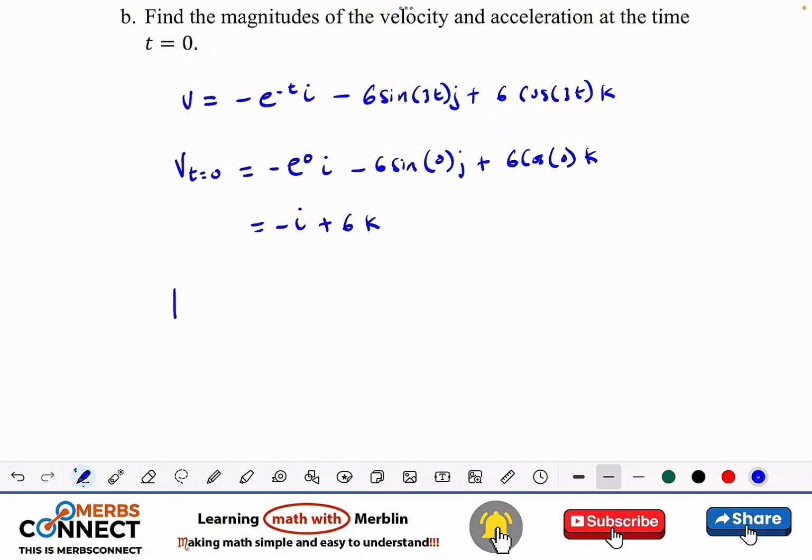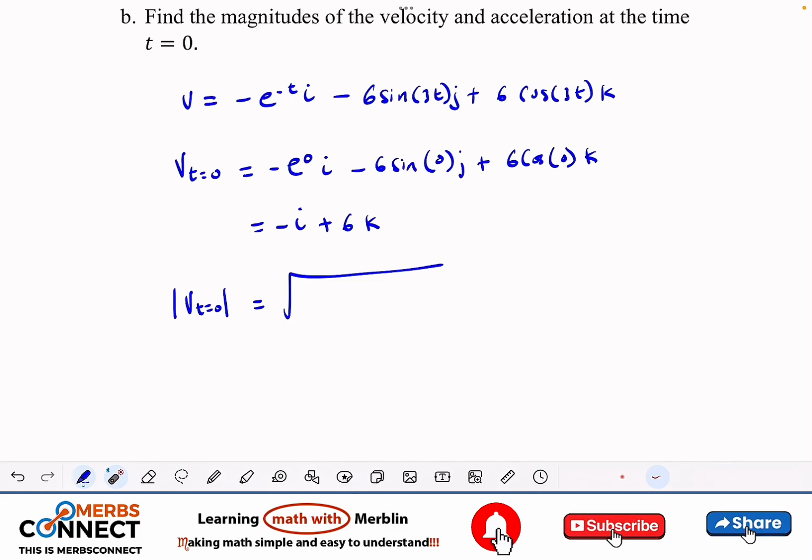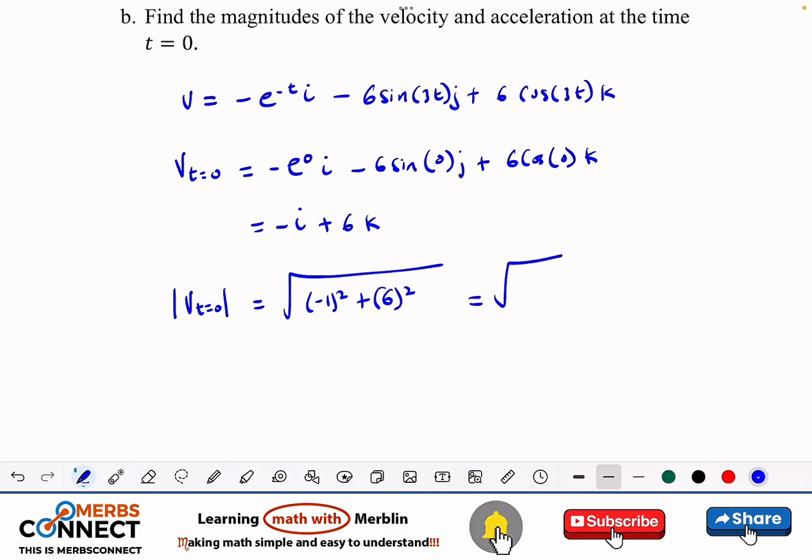So the magnitude of v at t equals 0 will now be equal to. Now you know that for us to find the magnitude, we just need to pick the coefficients of the directions. So we are going to have minus 1 squared plus 6 squared, which is going to give us 1 plus 36, and this is going to give us root of 37.